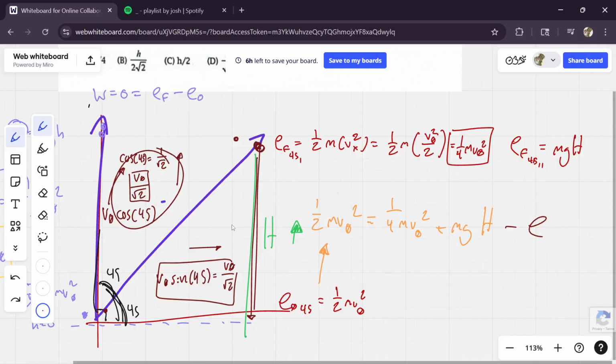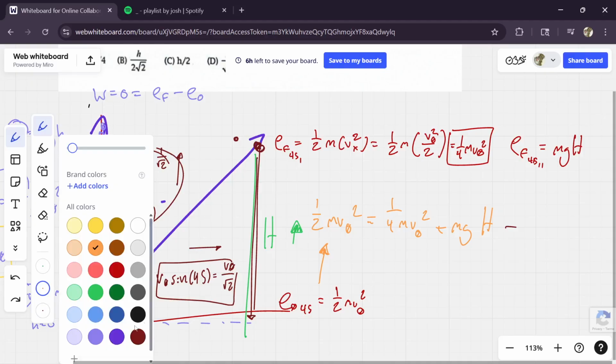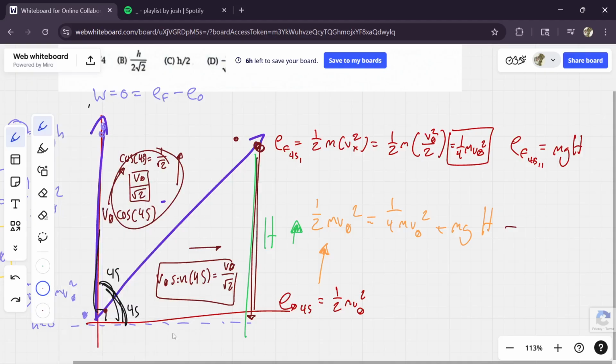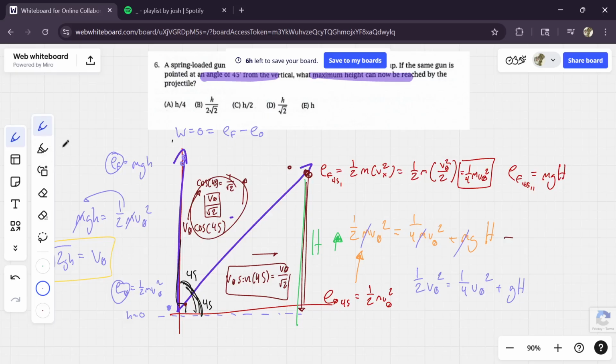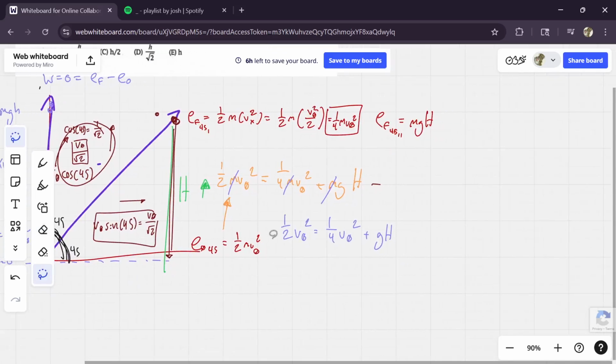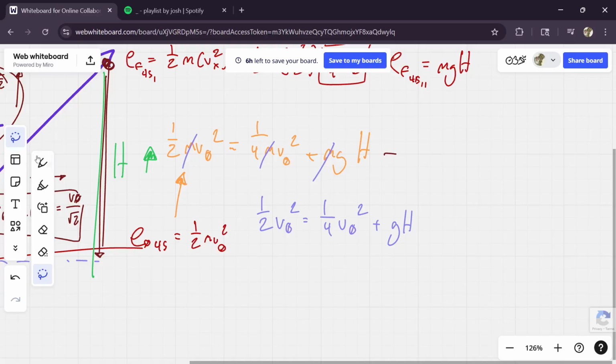So now that we have that, we just have to solve basically. I'm going to change colors. I'm going to cancel out my m's first, so I'm left with 1/2 v initial squared is equal to 1/4 v initial squared plus gH.